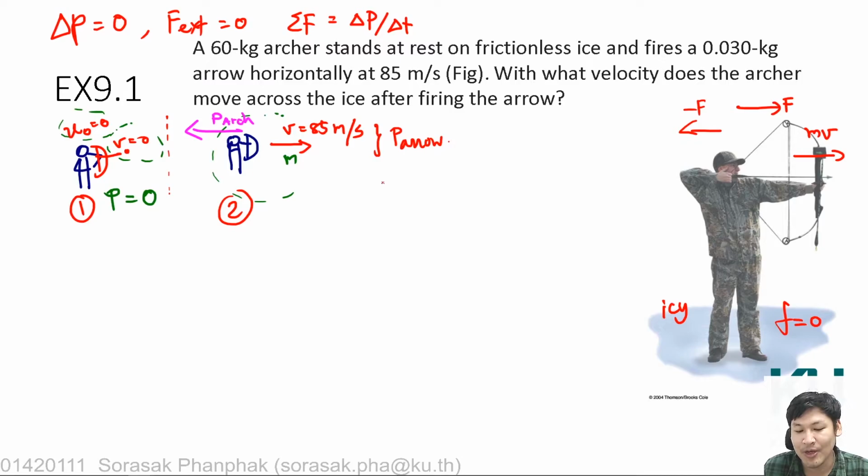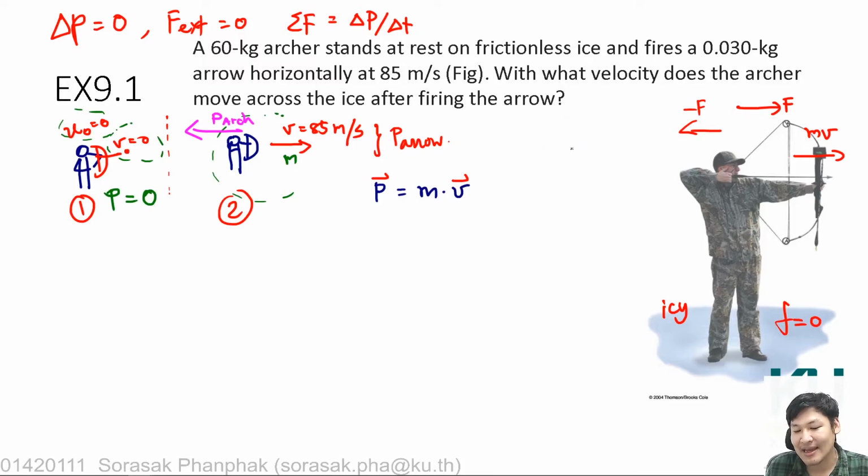Now, since we know that momentum is mass multiplied by velocity, don't forget that momentum and velocity are vectors. We will perform the calculation here.